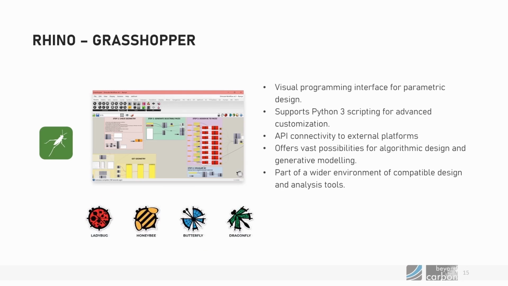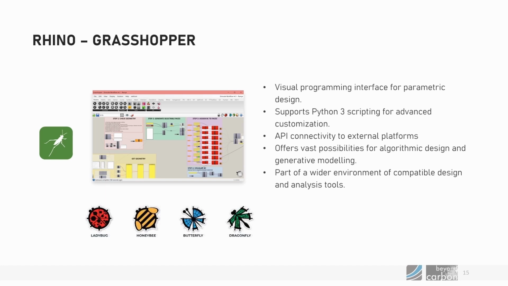Grasshopper is a visual programming interface for parametric design, and it allows you to carry out very sophisticated data analysis using geometry from Rhino. As of Rhino 8, it supports Python 3 scripting, which has API connectivity to external platforms, which, as we'll see in a minute, is really crucial for us.